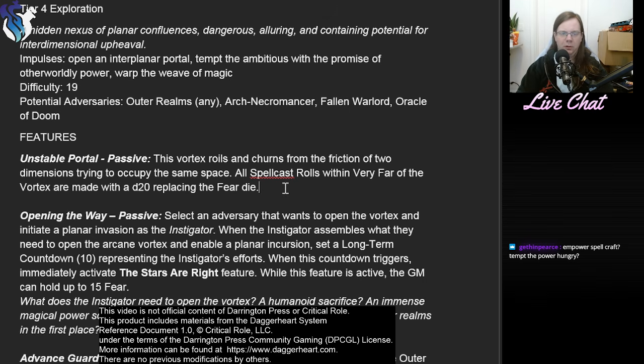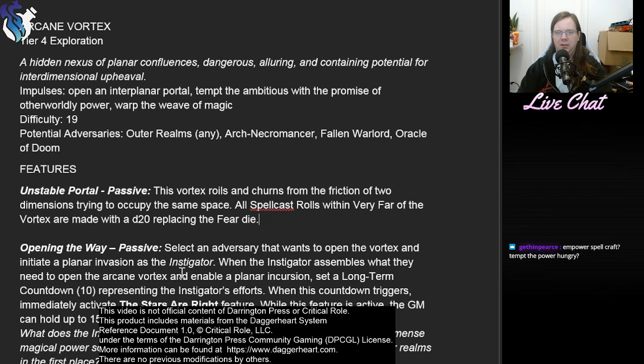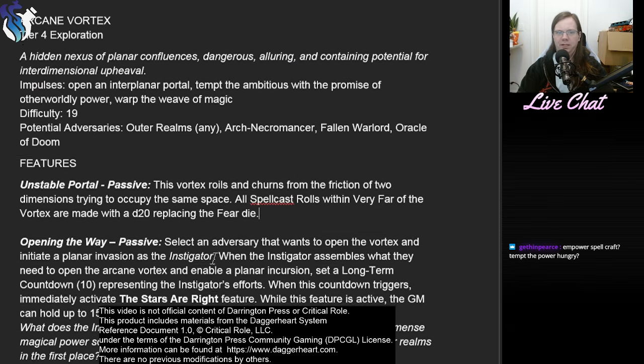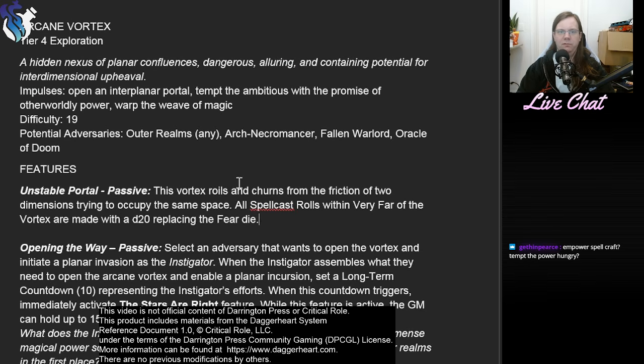Here we're going to go on to some prompt questions, because as I finish these, this will help me refresh myself on the vortex, and then we'll move on to the invasion. Unstable portal is a passive that says this vortex roils and churns. I'm going to say churns and roils for whatever reason. That sounds better to me. It may be this alphabetization, but maybe it's something else.